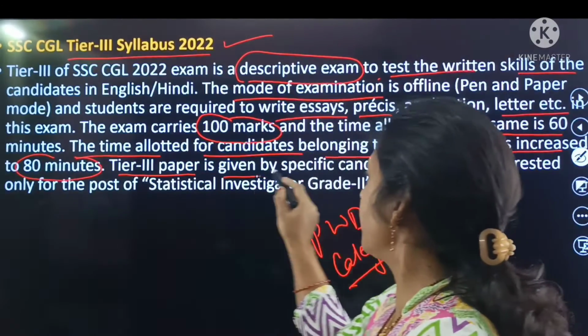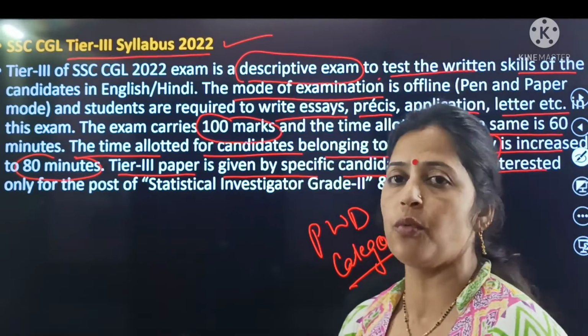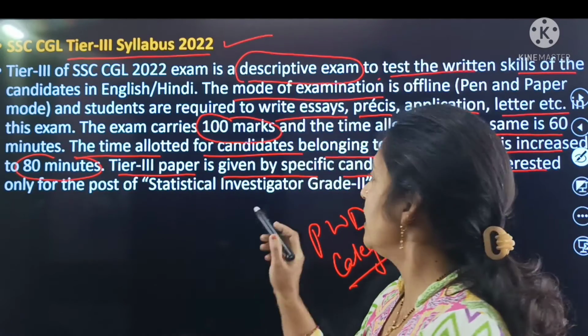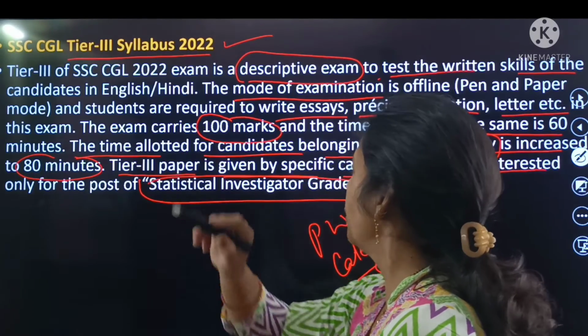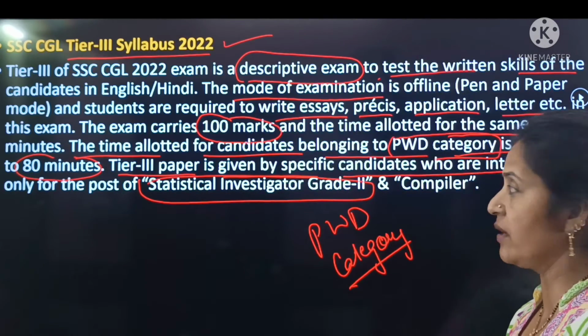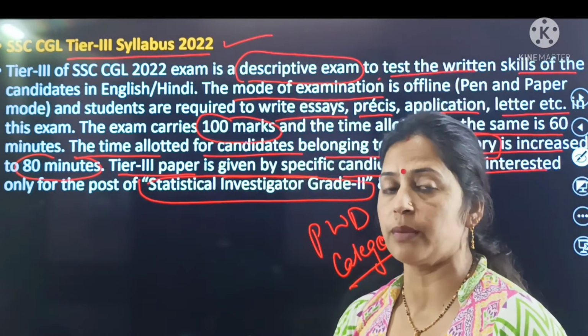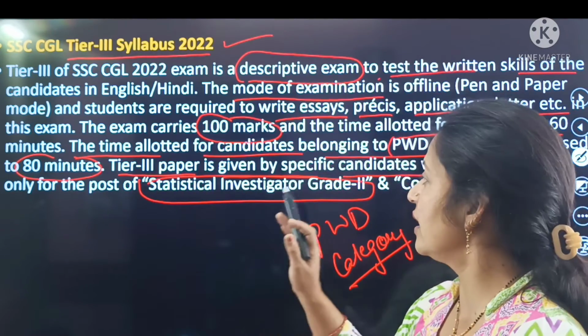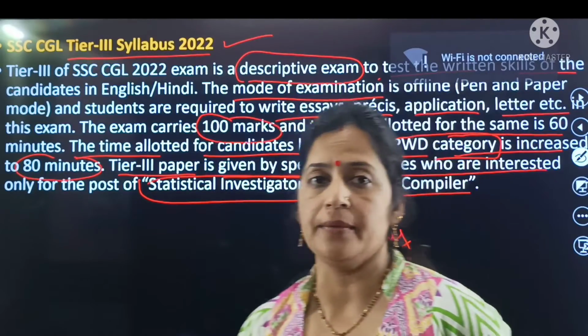The Tier 3 paper is given by specific candidates who are interested only in the post of Statistical Investigator Grade 2 and Compiler.